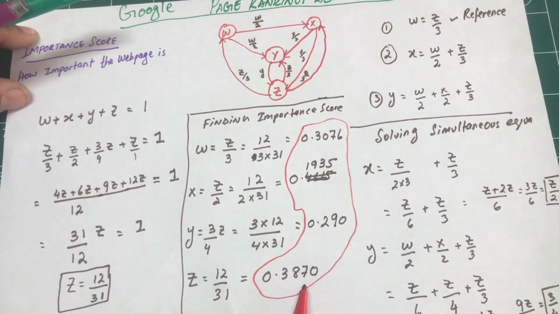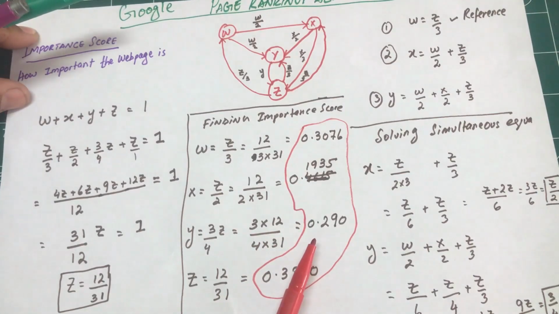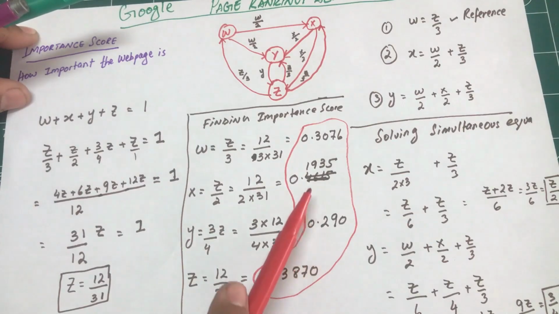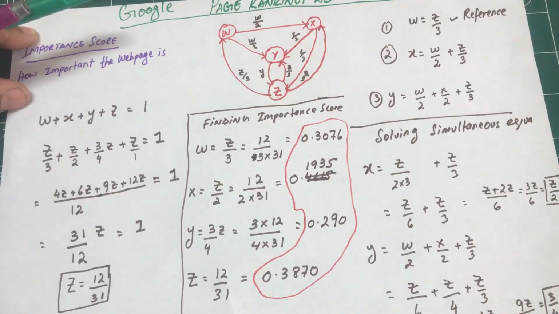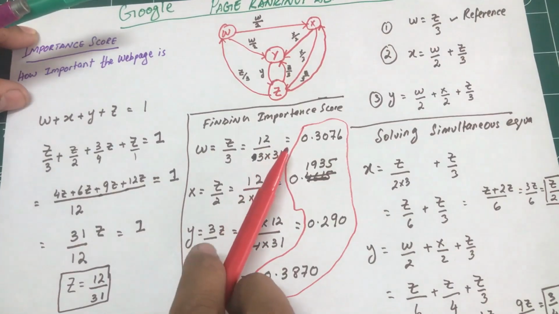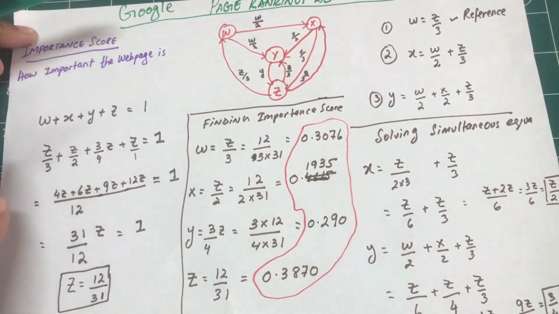The next page that you are most likely to see is W, then Y. The way they will be ordered is like this: web page Z would be the first, web page W would be the second, and this would be the third, and this would be the fourth.